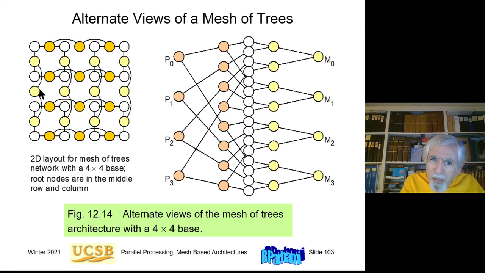And the 4 memories are these roots, the yellow roots. And they can be viewed as a permutation network, basically. Any permutation between the processors and memory modules can be implemented. So it's sort of like a crossbar switch.